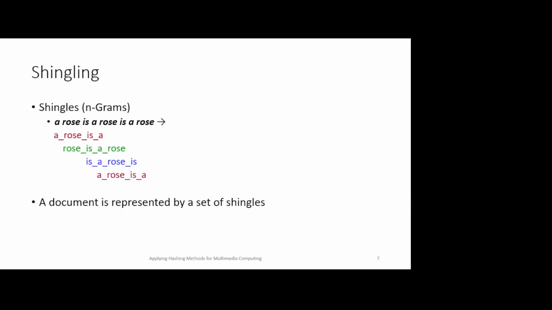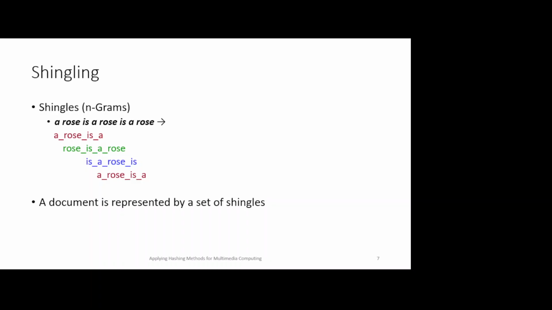Here is a very simple idea for shingles. Here is an example, a sentence: a rose is a rose is a rose. We have a sliding window, and the window size is 4. Each time we use the sliding window to take four words from this sentence.